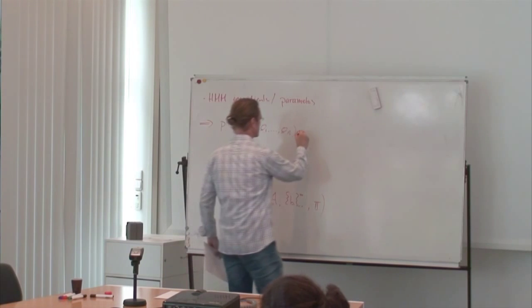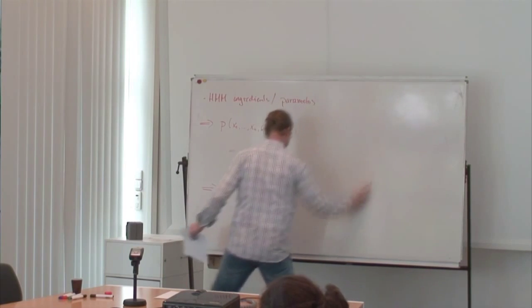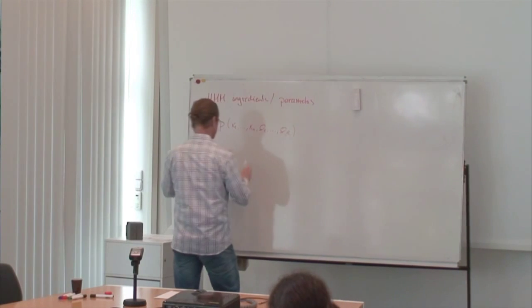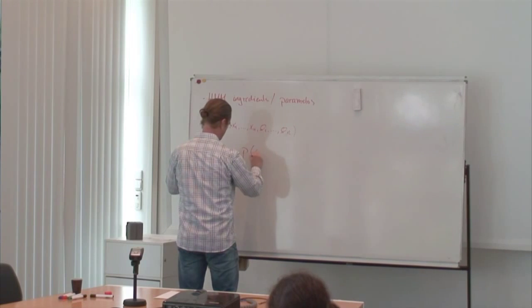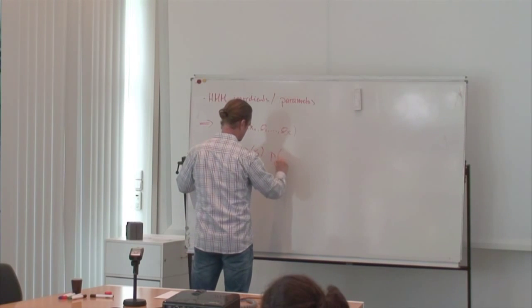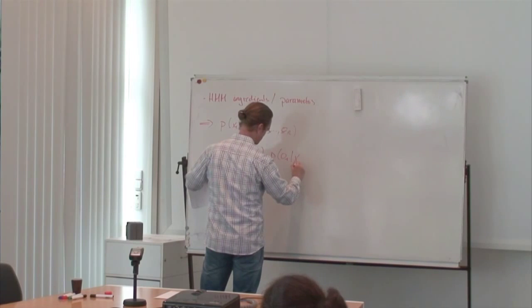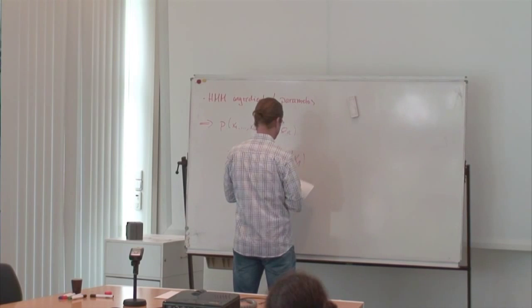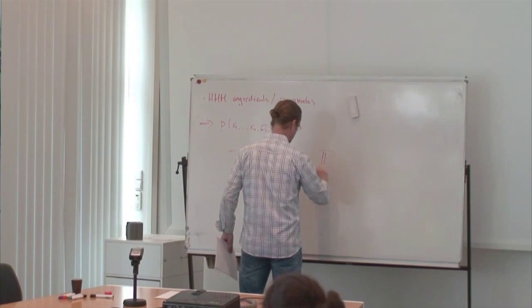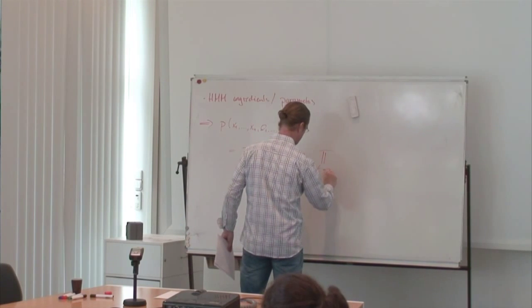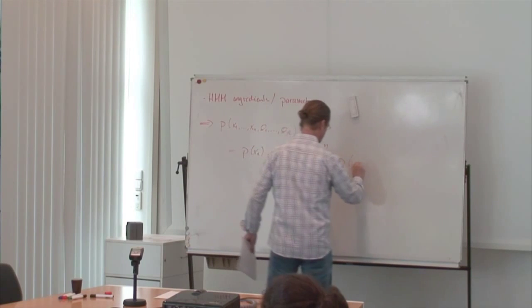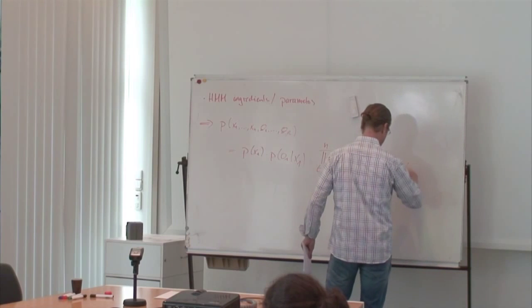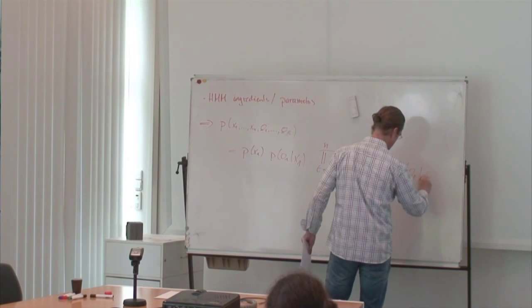maybe I should now repeat the way we wrote it first. So P of x1 times P of O1 given x1 times the product t equals 2 up to n of P of x_t given x_{t-1} times P of O_t given x_t.